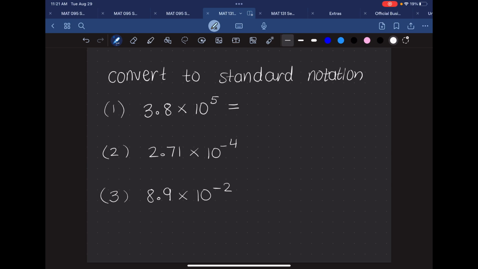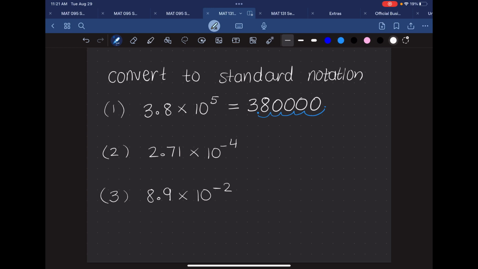So I know that when I multiply by 10 to the 5th, I'm going to move my decimal point over 5 times. Actually, I lied. You'd have one more. So let me mark this out. We were starting with 3.8, move it over 1, 2, 3, 4, 5. Gives me 380,000.